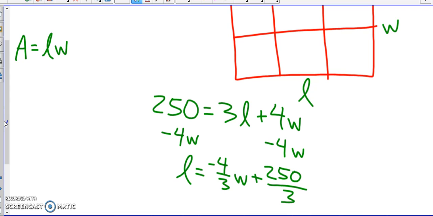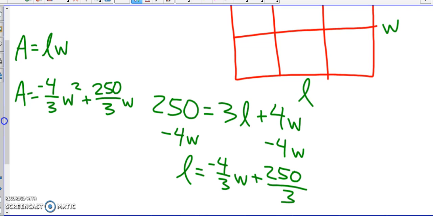All I did was move the W and divide by 3. Would everybody be okay if I just go ahead and distribute the W when I substitute here? All right, so this would be negative 4/3 W squared plus 250 over 3 W.